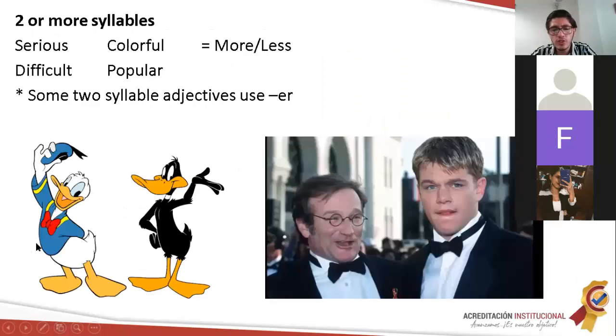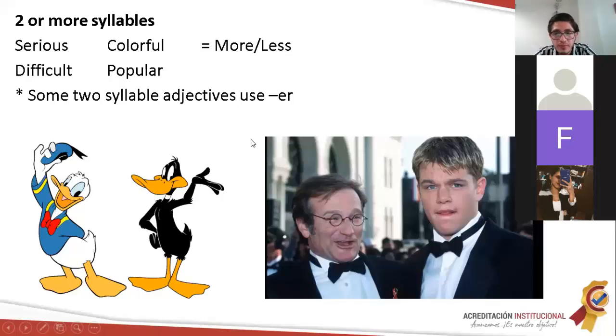Now, what do we do if we have two or more syllables? This is important. Here we have serious, three syllables. Colorful, three again. Difficult, three syllables or three beats. Popular. When we have two or more syllables, we need to use more or less before the adjective.